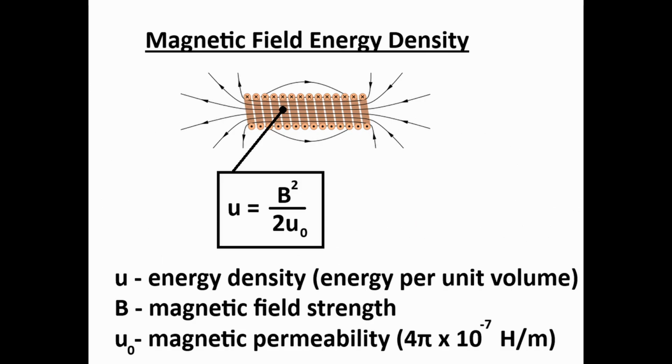We can write the magnetic energy density, or energy per unit volume, of the magnetic field at any point within the solenoid as u equals B squared divided by 2μ0. We see that the energy is proportional to the square of the strength of the magnetic field, B. Additionally, this formula is valid for any magnetic field, not just the field in a solenoid.